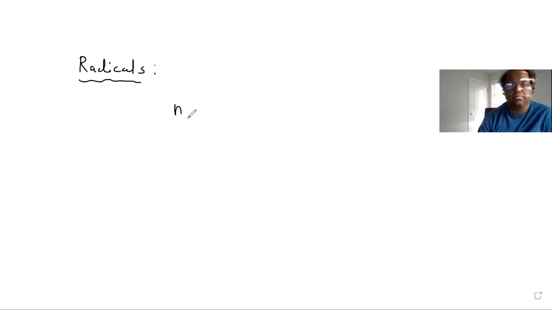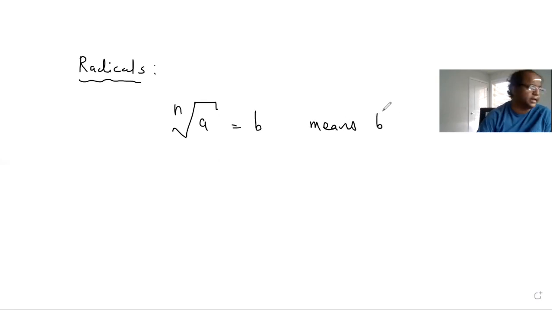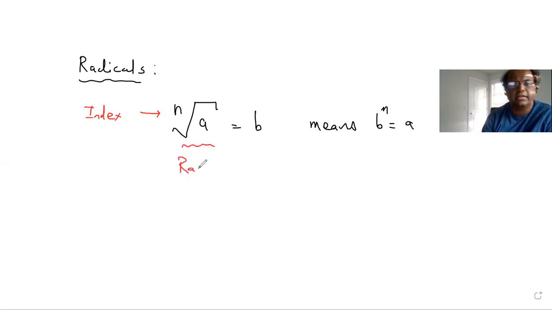So if I give you the nth root of A, any number A, represented by B, which means B raised to n is equal to A. Now here, if you see, this guy is the index. This is called a radical. The entire thing is called a radical, and this guy is called a radicand.